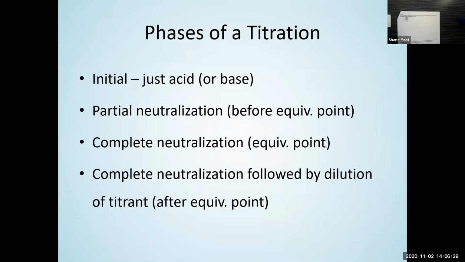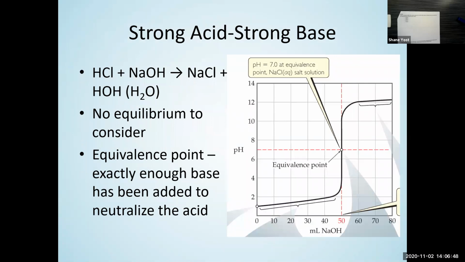And there are different types of titration we'll talk about: strong acid, strong base; strong acid, weak base; weak acid, strong base titrations; and polyprotic acids. What these titrations and these different phases look like will depend on what we're doing. So we'll first just focus on strong acid, strong base titration.